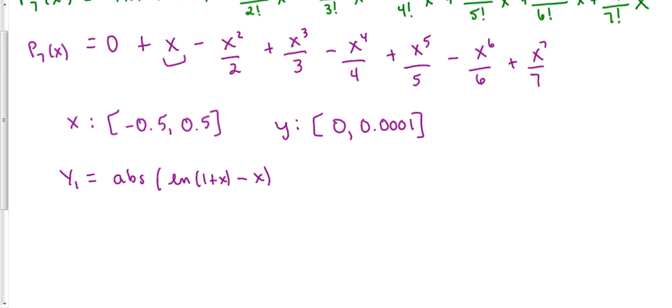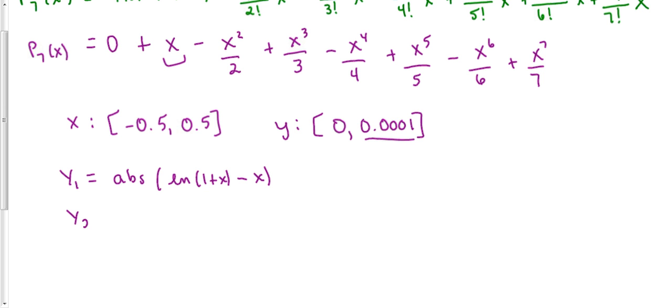And when I plot that, if that absolute value is greater than this, then I'm not even going to see it on my screen. So I'm going to know that my first order, or my n equals 1 polynomial, isn't going to be good enough.